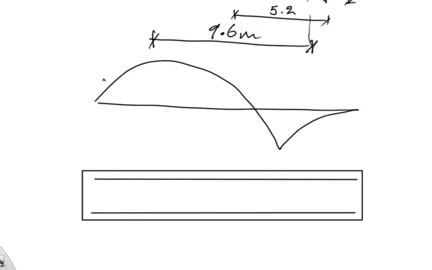Now, looking at the bending moment diagram, I see this point right here. Whatever is before this point is positive, and whatever is after this point is negative. So if I don't know anything about designing reinforced concrete, I'm gonna say, okay, maybe I don't need this kind of reinforcement here, and I don't need this kind of reinforcement here, because according to the logic we discussed, I put the bottom under the positive and I put the top under the negative.